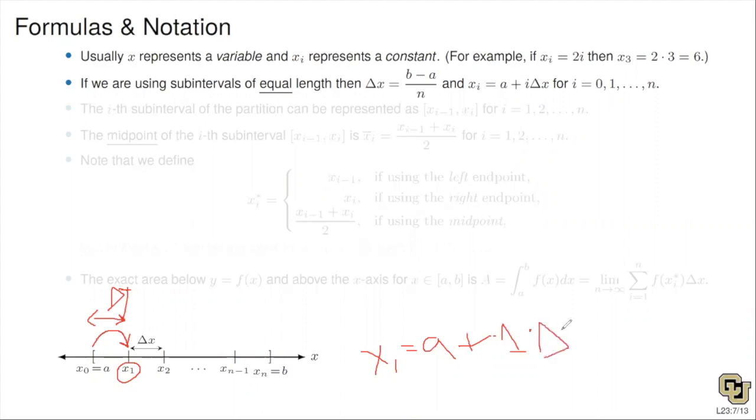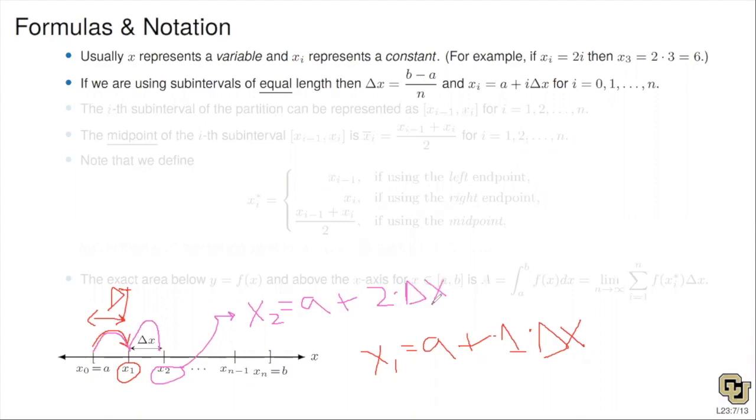So starting from a, if I add a length of delta x, that gets me to x1. How about x2? Starting from a, I'd have to add delta x once, and then I'd have to add delta x twice. x2 is literally, you can just read the sentence. x2 is, starting from a, we're just going to add on 2 steps of length delta x.